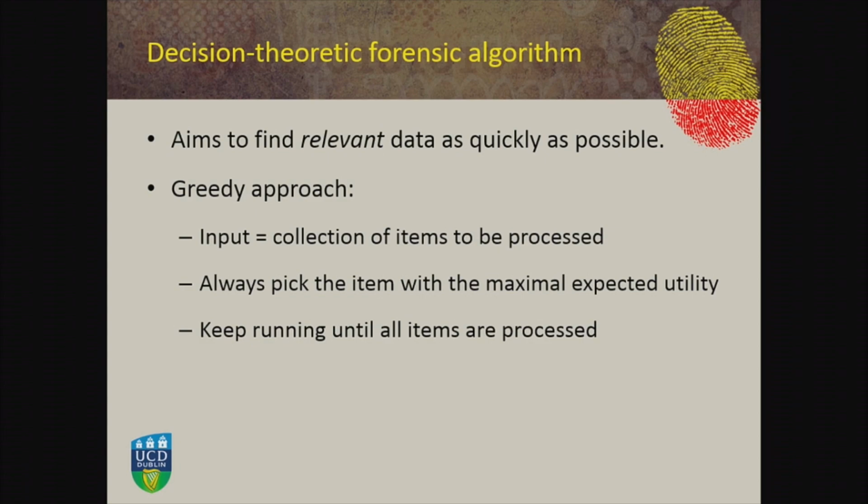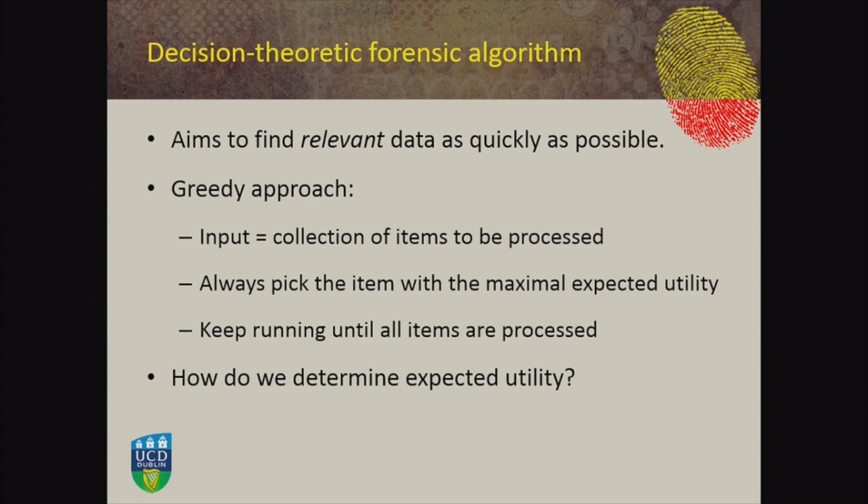The beauty is that if we always go after the most likely place where the relevant data is, we can stop at any moment and we'll be certain that we've used up whatever time we had to the best possible extent. And then the question arises, how do we actually determine the expected utility of, say, a disk block, which we have not yet processed?